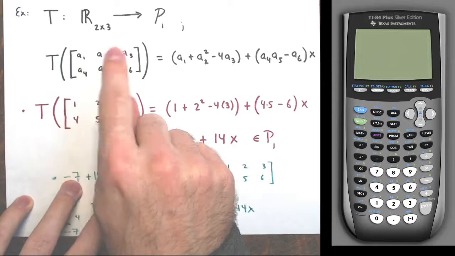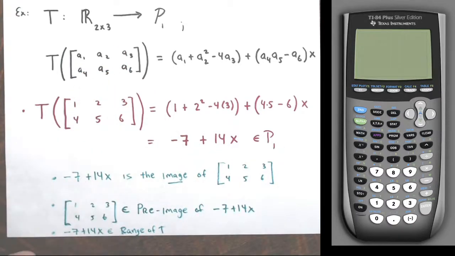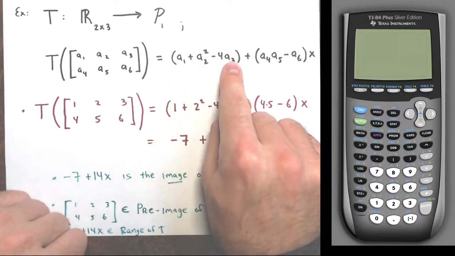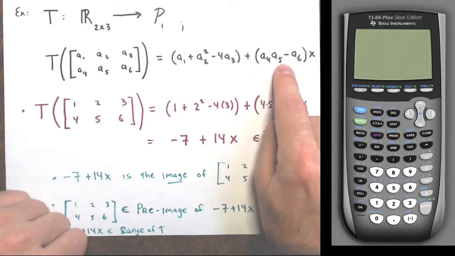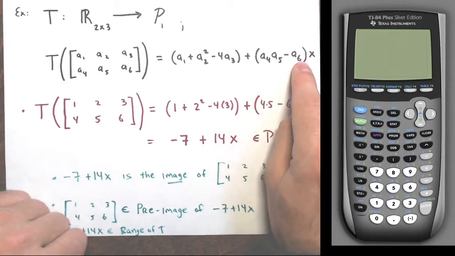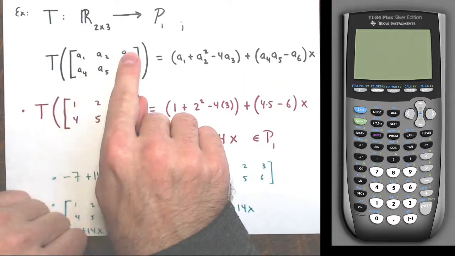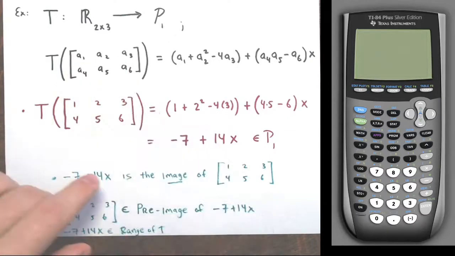That 2 by 3 matrix would also have an image of negative 7 plus 14x. Or negative 7 for A1, 0 for A2, 0 for A3, and then 2 and 7 for A4 and A5, and then 0 for A6. So negative 7, 0, 0, 2, 7, 0, there's another matrix that would have this as an image.